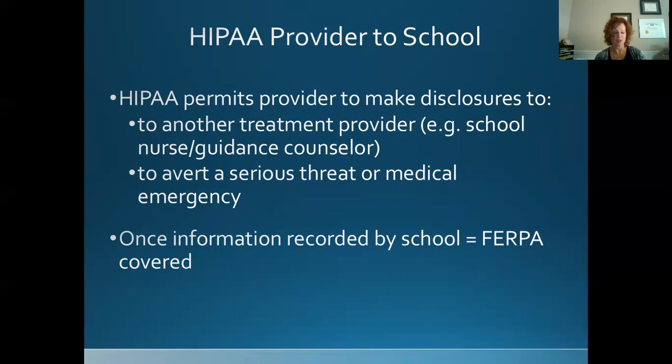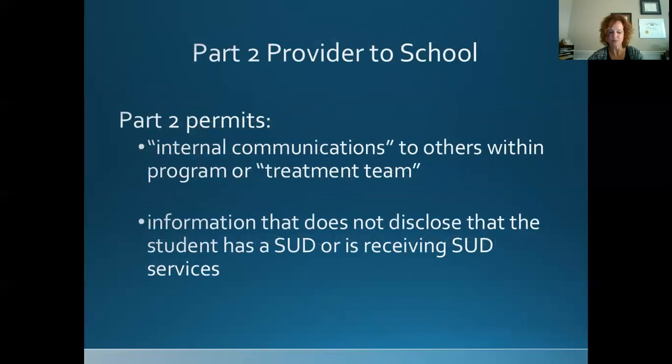So it started out as protected health information. It was disclosed under a HIPAA permitted disclosure. Once it's recorded by a FERPA covered school official, it is now FERPA covered information and can only be disclosed in accordance with FERPA.